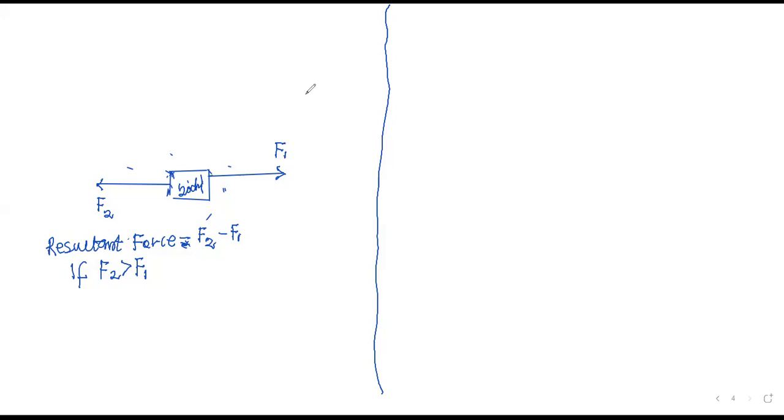So let's use values. F1 is equal to 20 Newton. F2 is equal to 5. What will be the magnitude and then the direction of the resultant force here? Gideon, let others speak. Let me call some people to also speak.